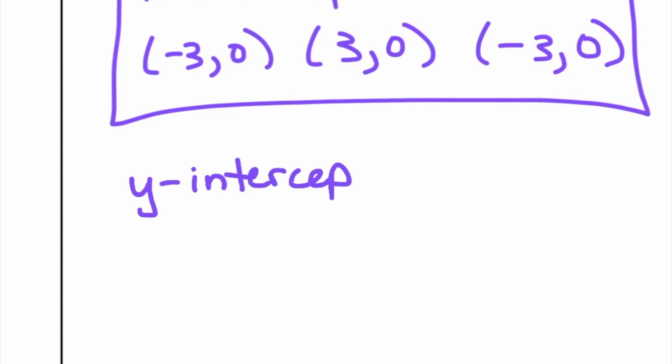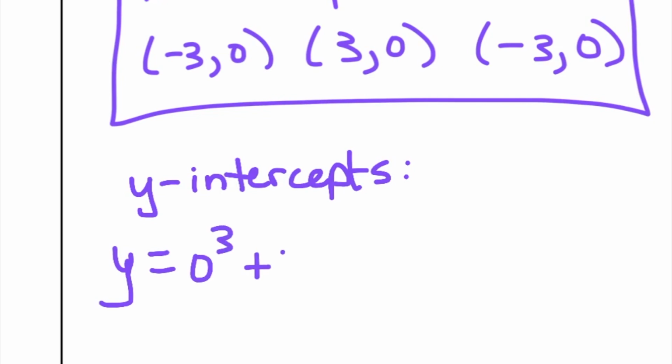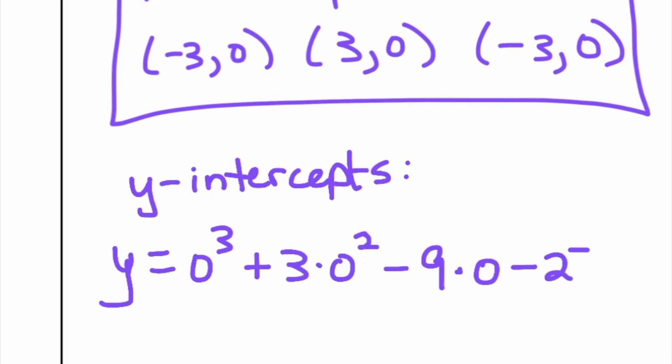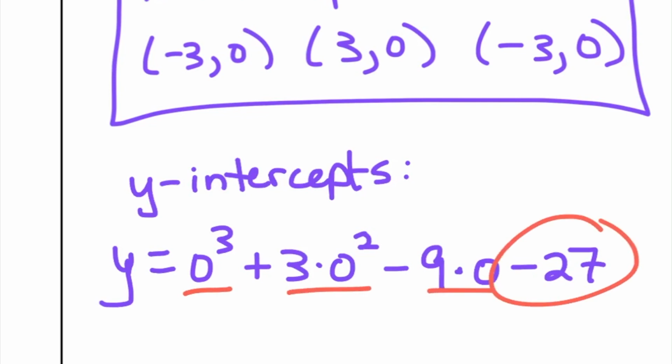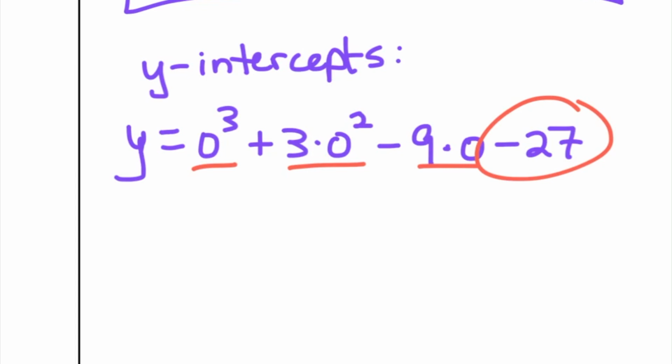So for y-intercepts, you're literally going to say y equals 0 cubed plus 3 times 0 squared, sorry, minus 9 times 0 minus 27. Notice that any term that had an x in it is just 0. So really you're just left with that last term. And so your y-intercept is going to be 0, -27.